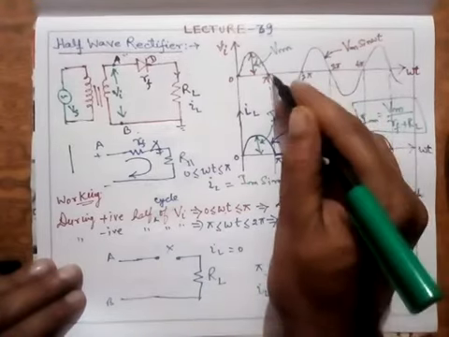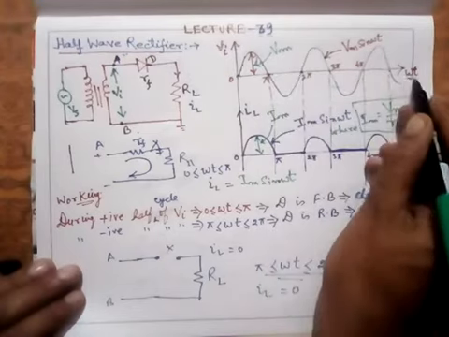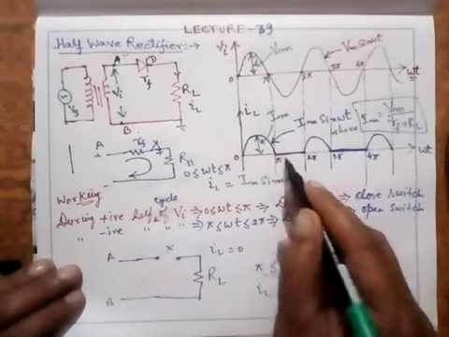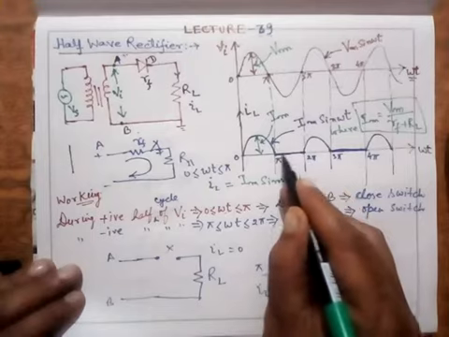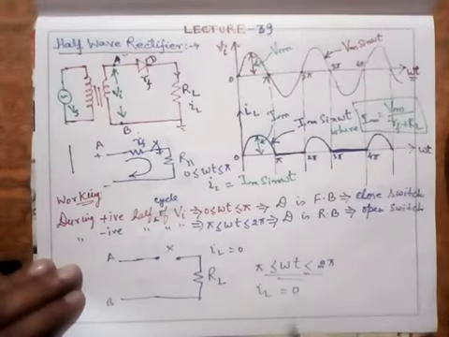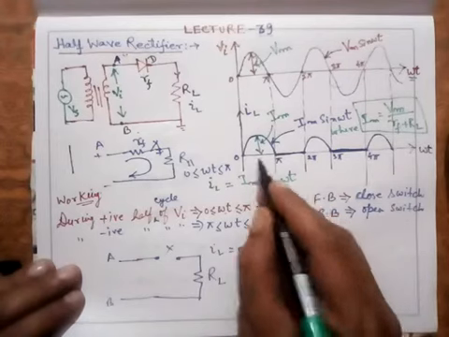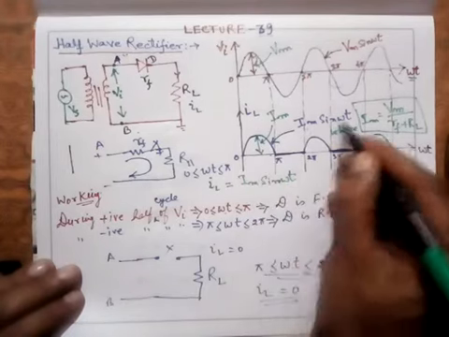For omega t between pi to 2 pi, the value of the output is 0. Here also, between 3 pi to 4 pi, this is 0. That is, in general, we say between pi to 2 pi, this is 0. And for this region, between 0 to pi, it was equal to Im sin omega t.